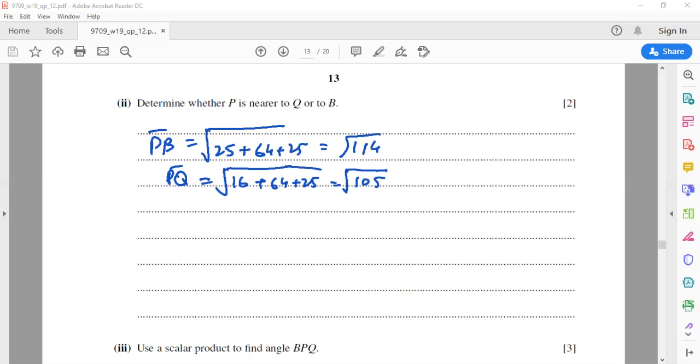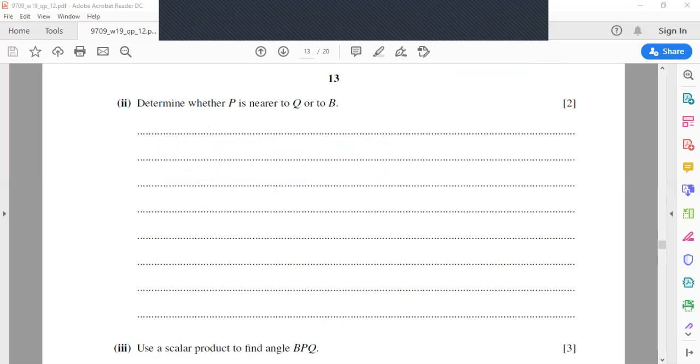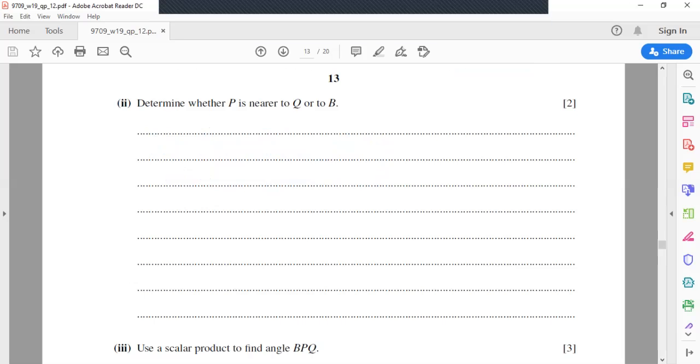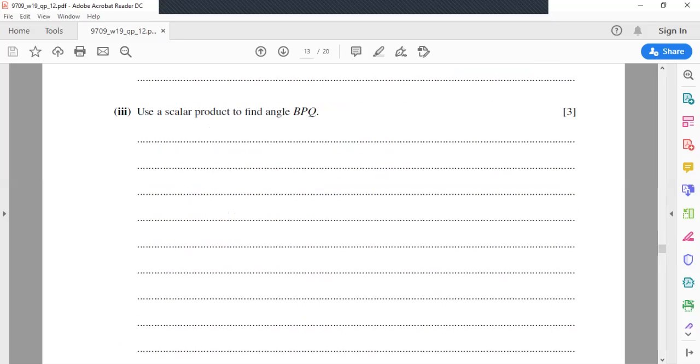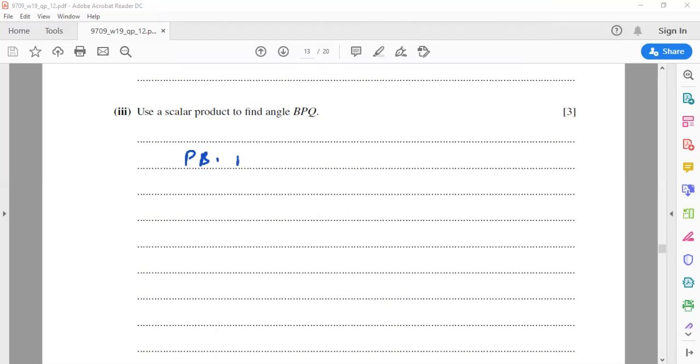Now the third one is there. He is asking you to find the angle BPQ, which is the angle between PB and PQ. So PB dot PQ equals PB magnitude times PQ magnitude times cos of the angle between them.